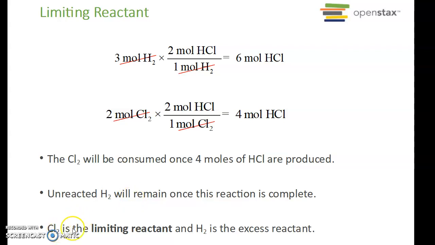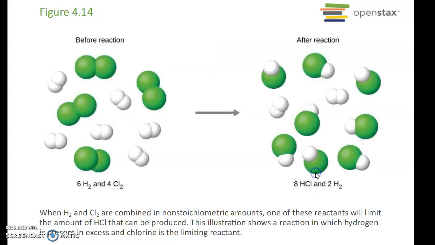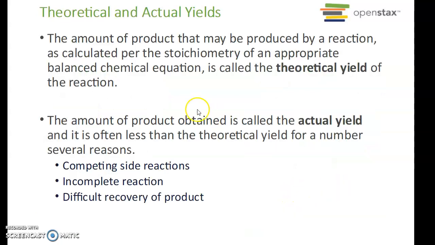So chlorine is the limiting reactant, H2 is the excess reactant. So here's what we have before the reaction and then after the reaction: 6 H2, 4 Cl2, 6 HCl, 2 H2.